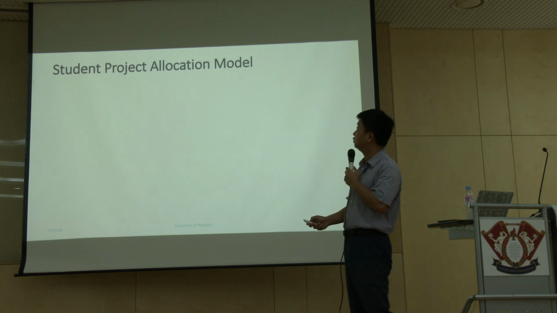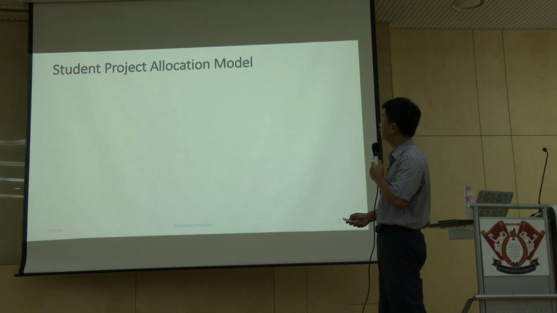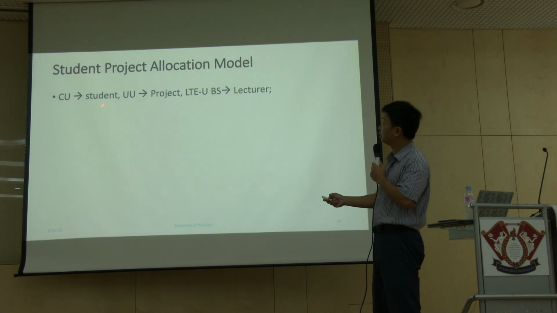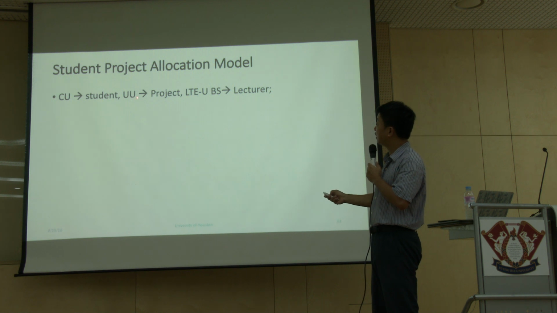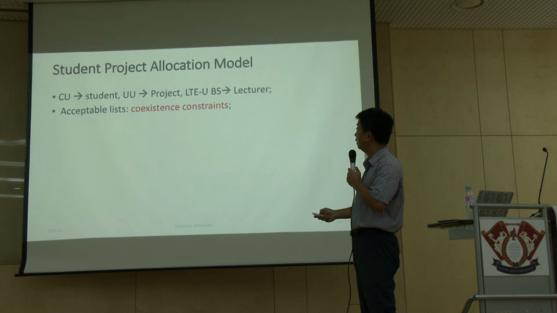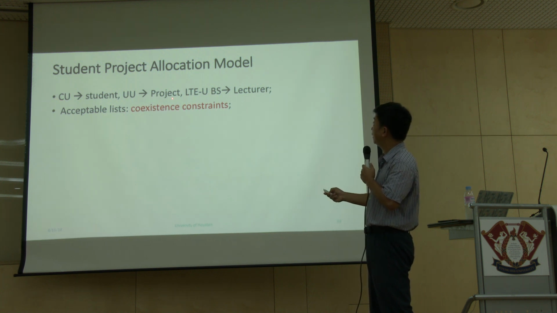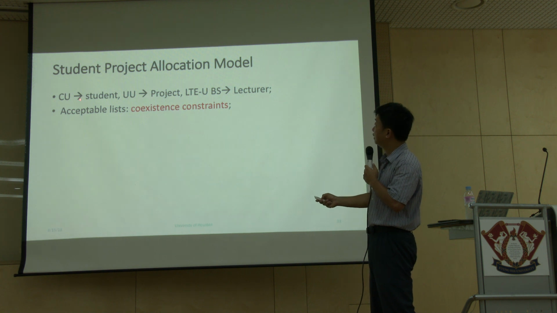So here we use a student project allocation protocol. We have the cell phone user as a student, the unlicensed user as a project, and the base station as a lecturer. So basically we try to have the acceptance list. The student proposes to different projects and says they want a certain project, and the lecturer thinks about whether or not it's good.